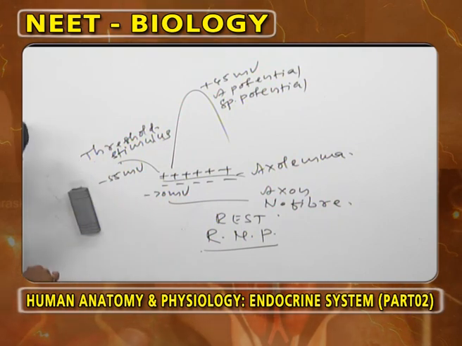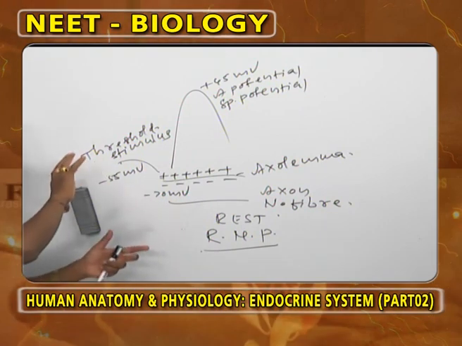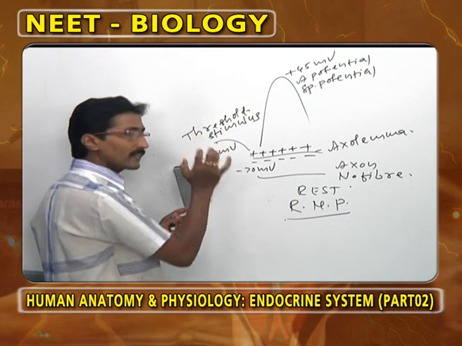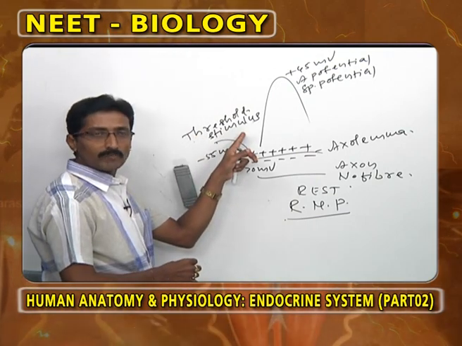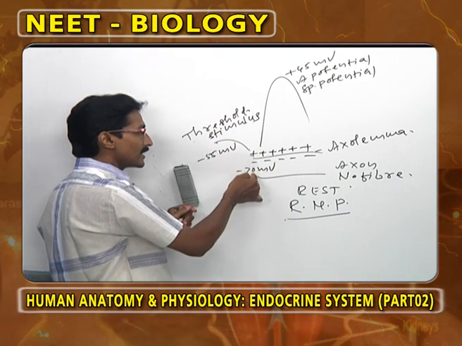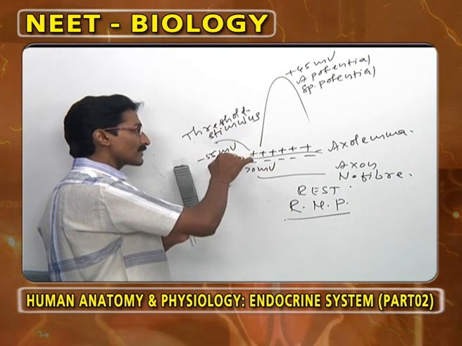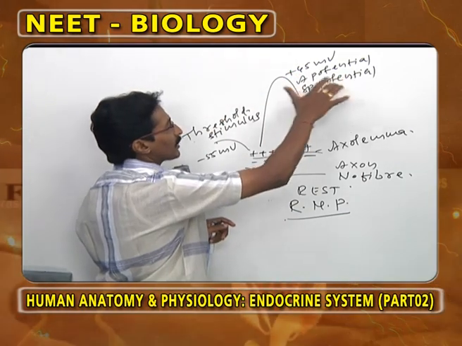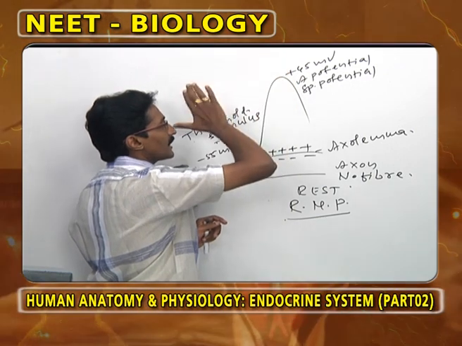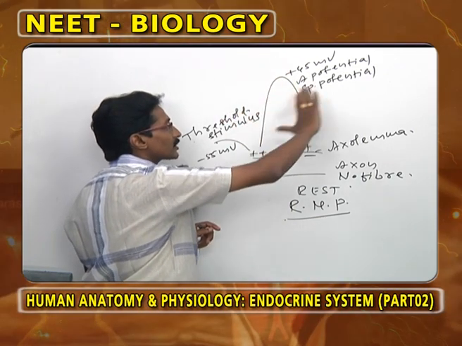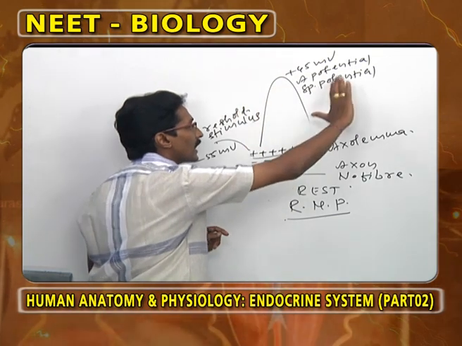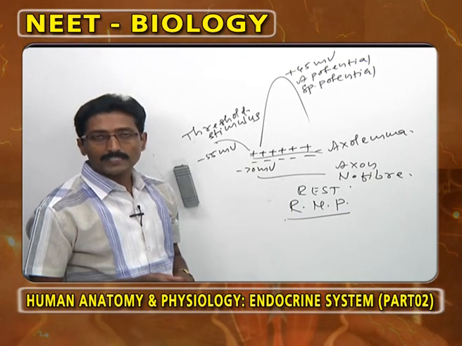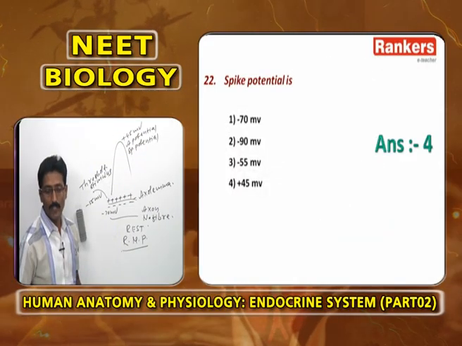Because of the threshold stimulus, minus 70 becomes minus 55 and suddenly rises up to plus 45. That we call the action potential. Through this potential the stimulus propagates inside the axon. Now here, what is the spike potential? Plus 45 millivolts. Now we go for the next question.